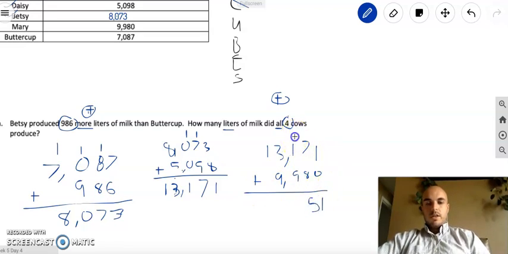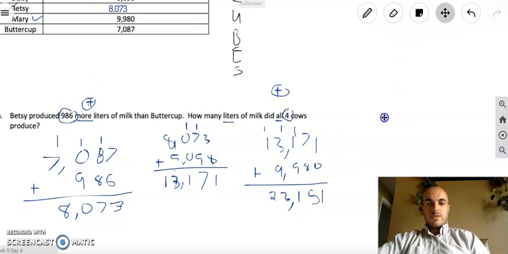Carry my 1. 1 plus 1 is 2. Plus 9 is 11. 1 plus 3 is 4. Plus 9 is 13. Carry the 1. 1 plus 1 is 2. So 23,151. Now I just have to add Buttercup to that.